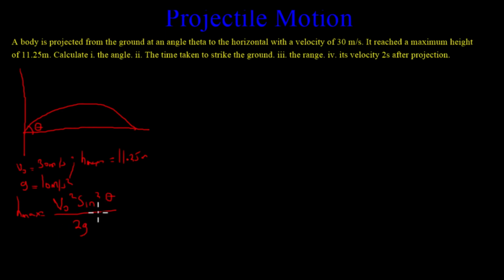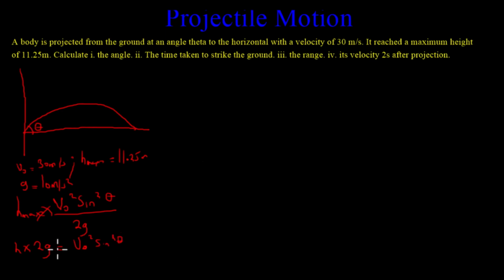So moving on, if we try to make theta the subject of the formula, first of all we try by cross multiplying. For the sake of writing further, I'm just going to be writing H instead of H max so that we don't make the solving look much more complex. So we can say H times 2g, remember, H is denoting the maximum height, would be equal to V naught squared sine squared theta.